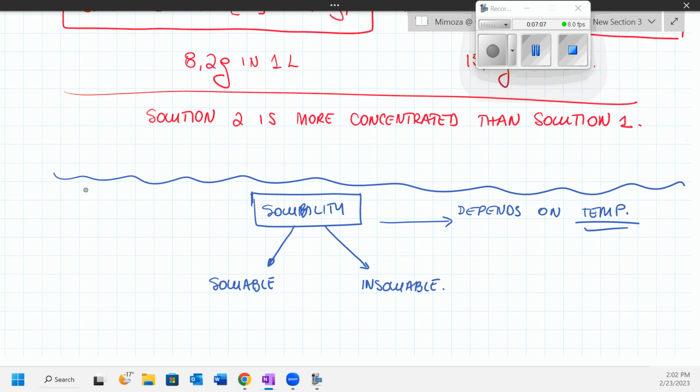So temperature plays a huge factor in the solubility of a substance.